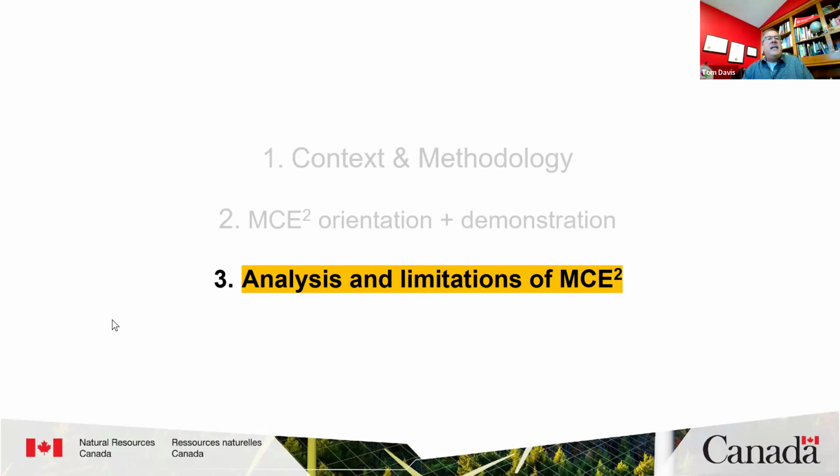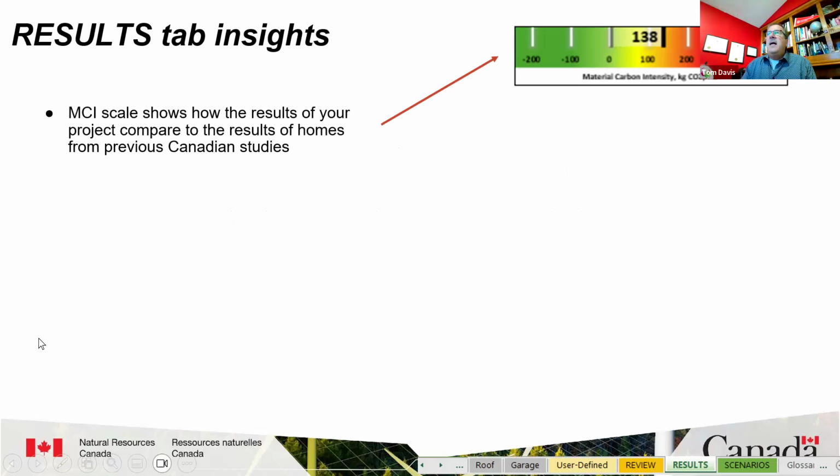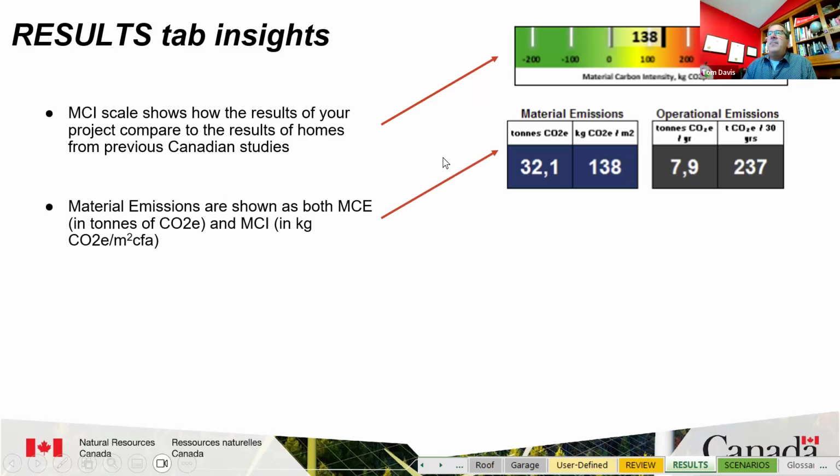I'm just going to quickly spin through some limitations on the software here. So again, this is for previous studies in Canada. Material emissions are shown in both total amounts in tons of CO2 equivalent and in kilograms of CO2 equivalent per square meter of finished floor area, from our earlier discussions.